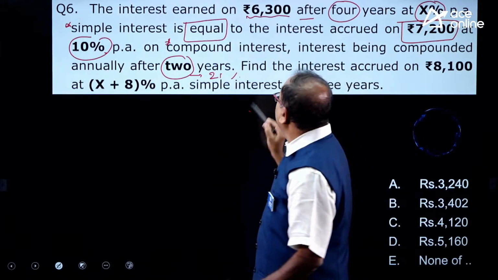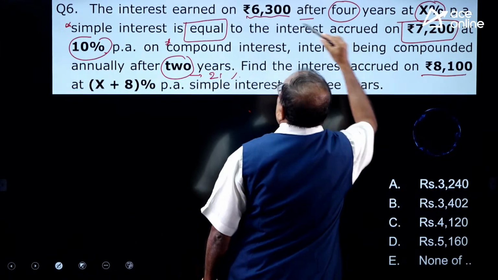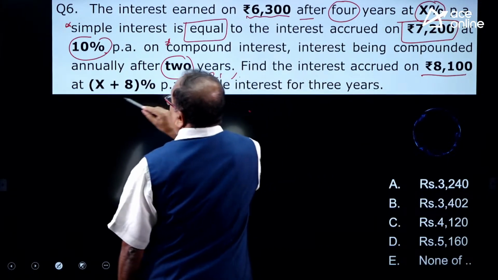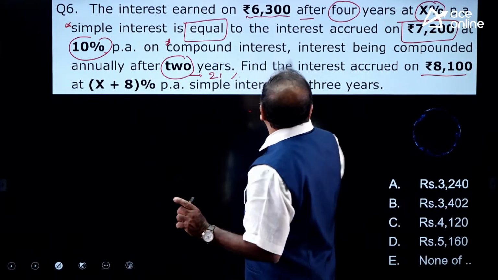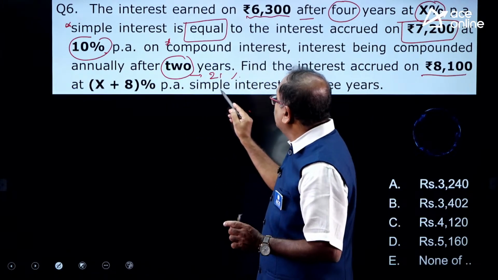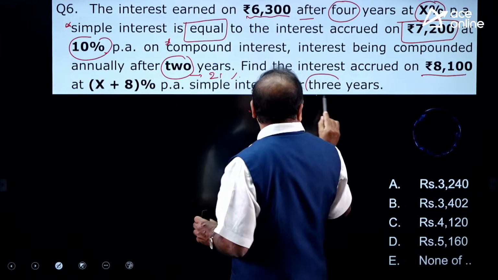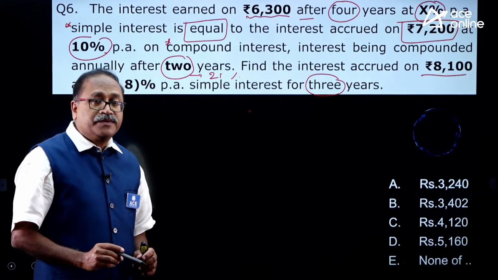Find the interest acquired on 8100 at x plus 8 percentage, simple interest for 3 years. Can you try this, my dear friends?